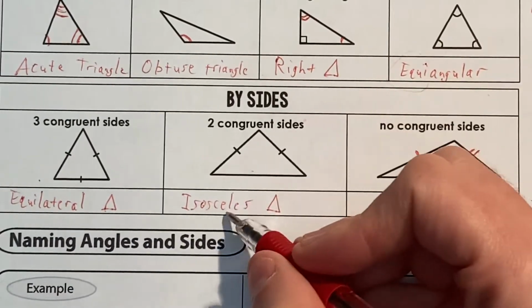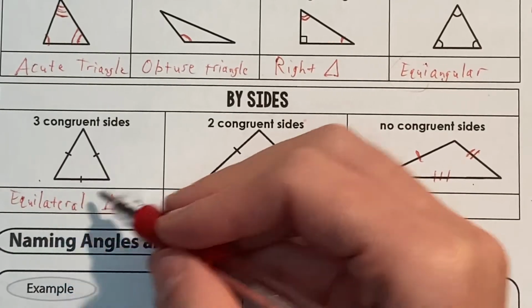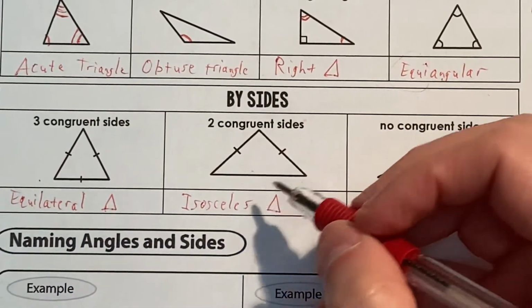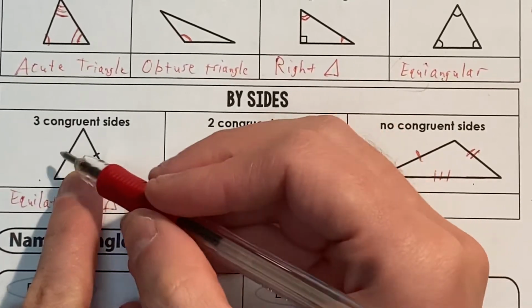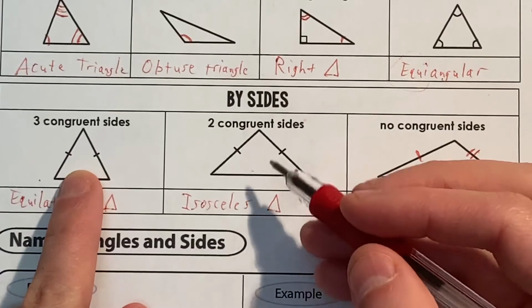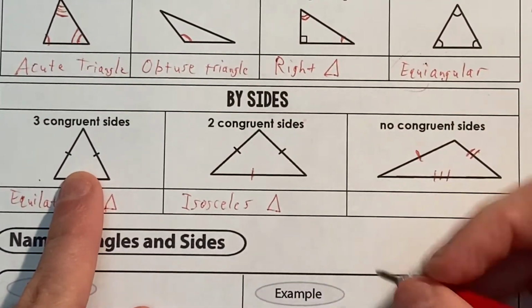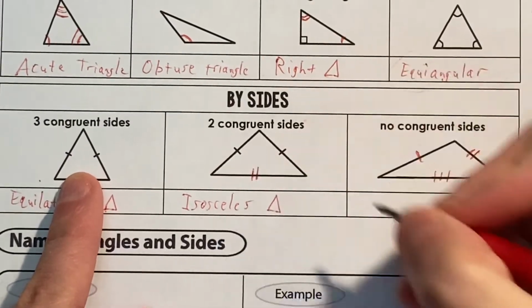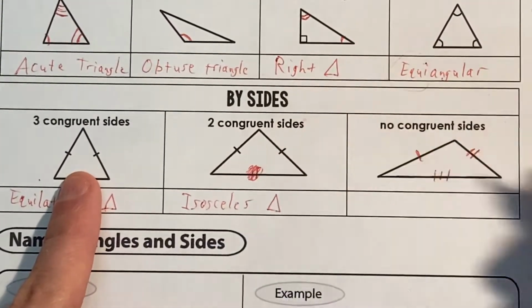Because technically an equilateral triangle is a type of isosceles. Because if you just kind of covered this up, two sides are congruent. So since two sides are congruent, it's isosceles. So isosceles can have all three sides the same, or it could be different. It doesn't matter. So that's why it's not labeled.